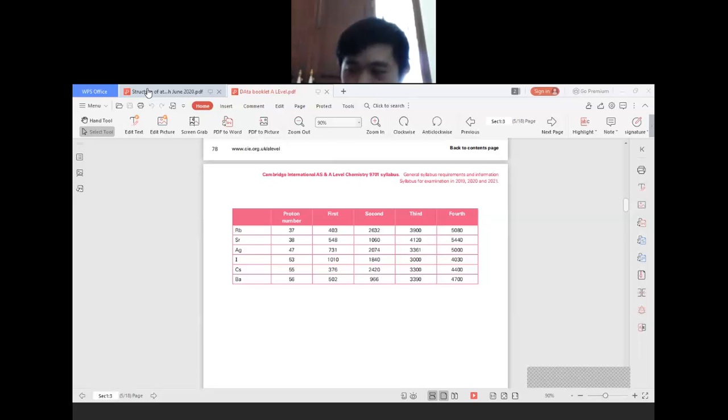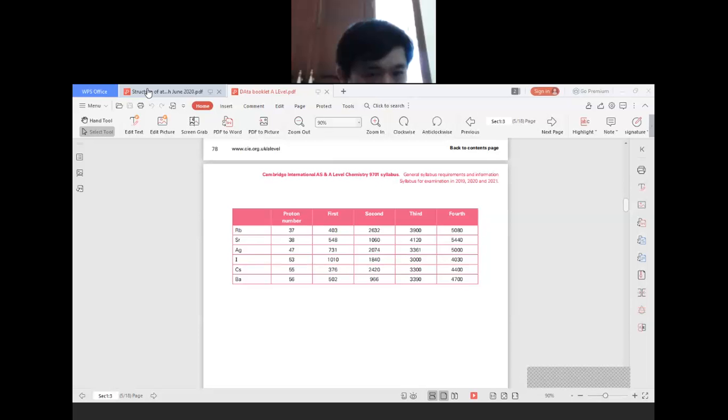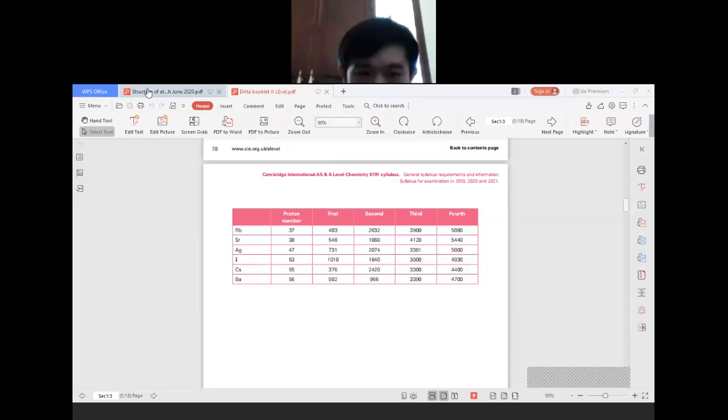Now, what is the trend of the first ionization energy for elements down the group? The first ionization energy decreases. Decreases. So, for radium, the predicted value is around, oh, is it below 500?